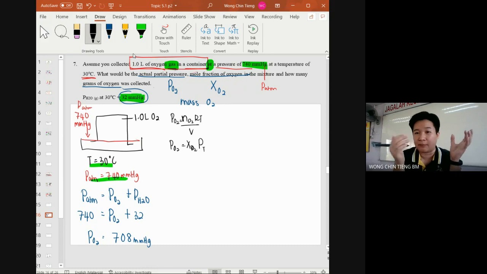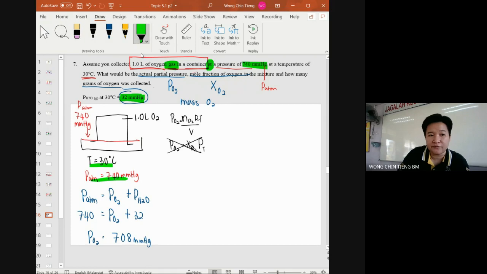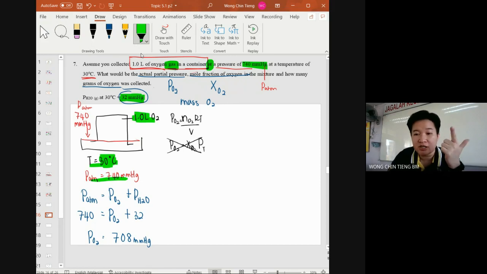Panjanglah cerita dia. So, untuk soalan ni yang senang adalah yang pertama. Macam mana kita nak tahu yang pertama lagi senang? When the question give you all this. Bila kamu ada temperature, pressure, volume, PV, nRT jauh lagi senang.